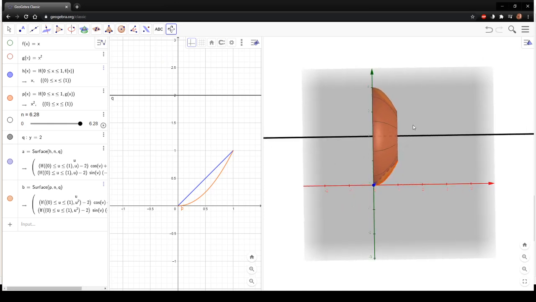So, once again, we have to choose whether we are going to take vertical or horizontal cross sections. Well, it seems clear to me that vertical cross sections are what we need. So that means the variable of integration is going to be x, so we don't have to rewrite any of the functions that we were given. Now, as for the washers, let's make another slider to represent the slices that we're going to be taking.